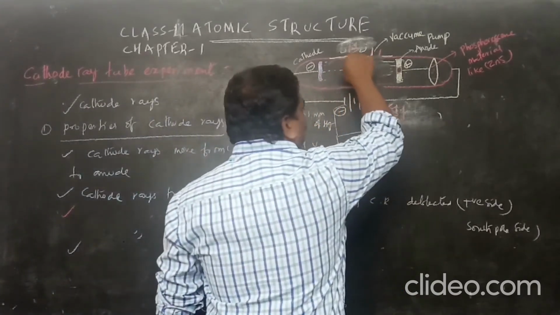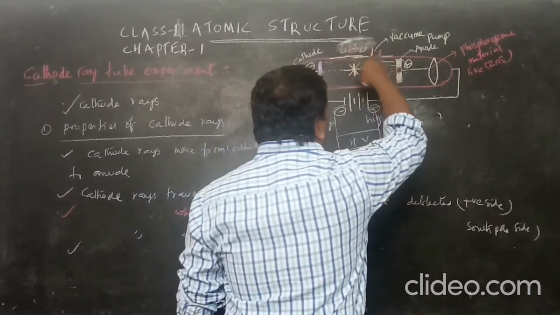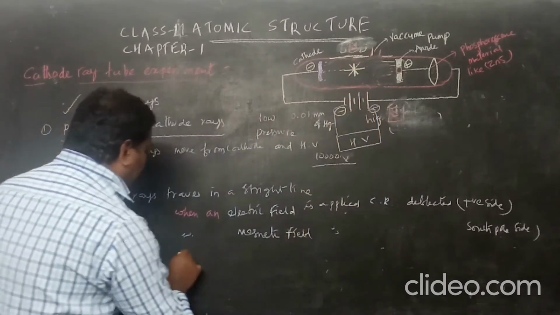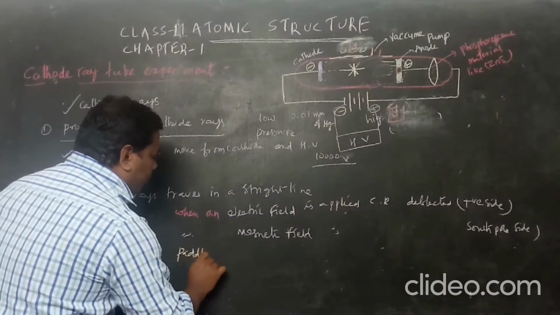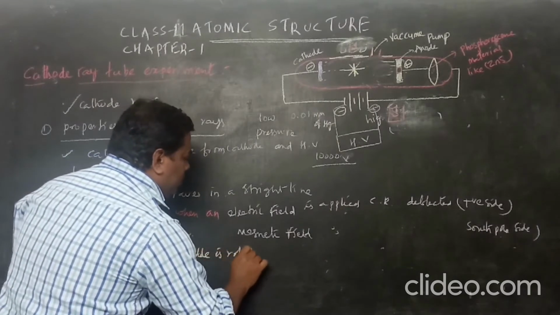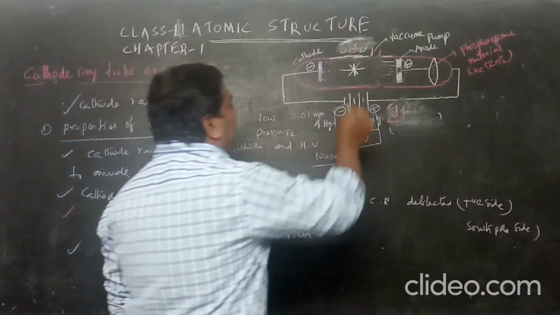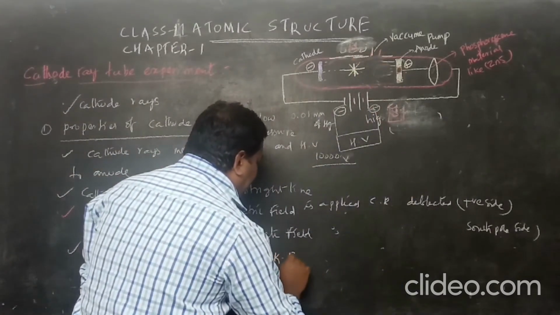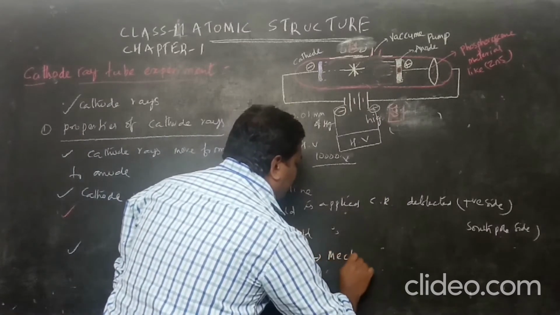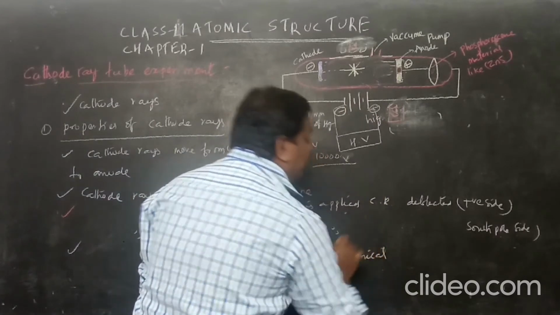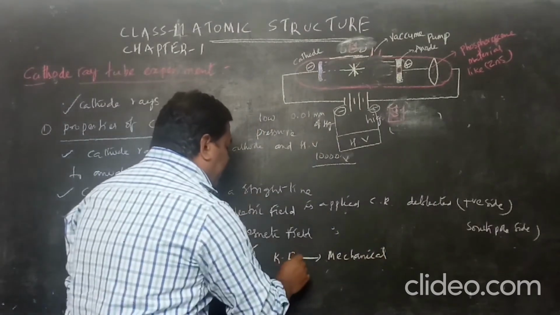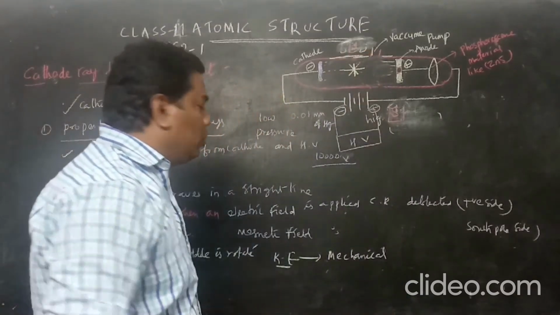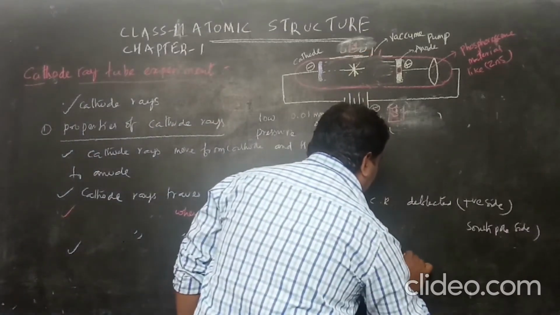So when the rays move from cathode to anode, this wheel is also rotated, meaning the paddle is rotated, because the kinetic energy is converted into mechanical energy. So the cathode rays have some kinetic energy, which can rotate the paddle wheel and converts into mechanical energy.